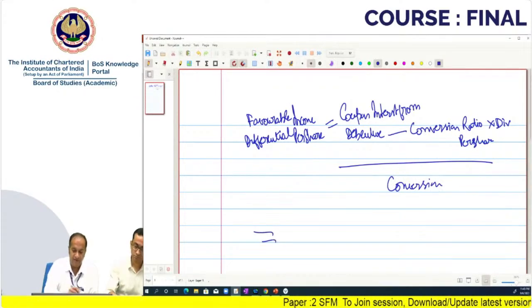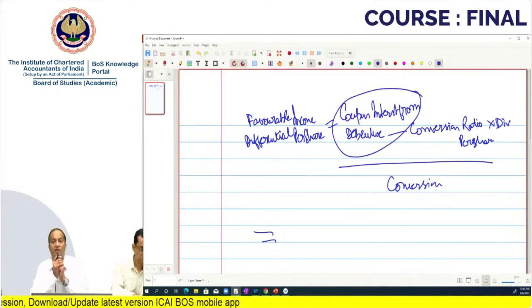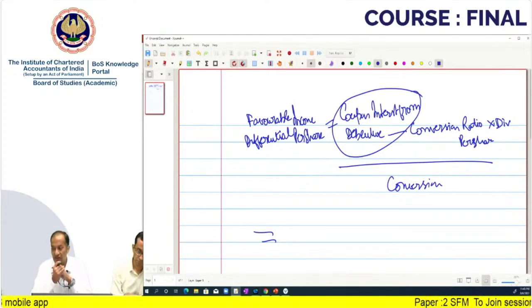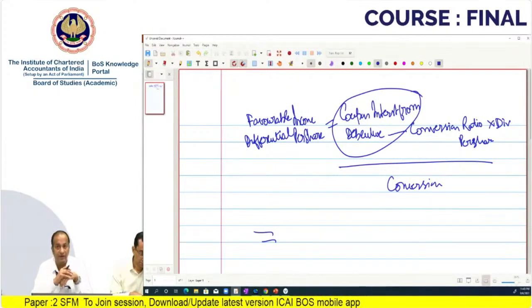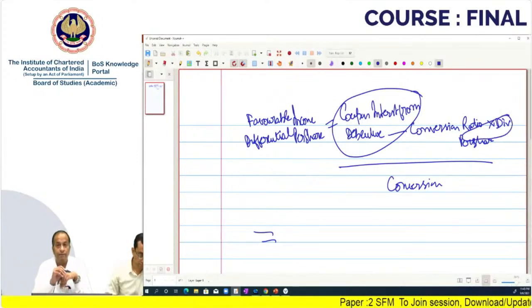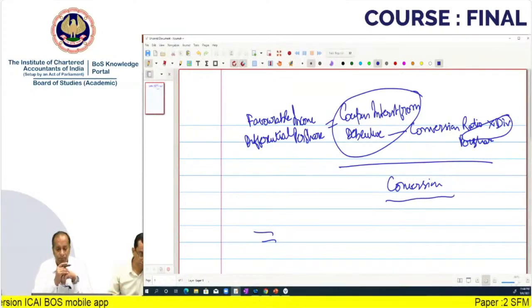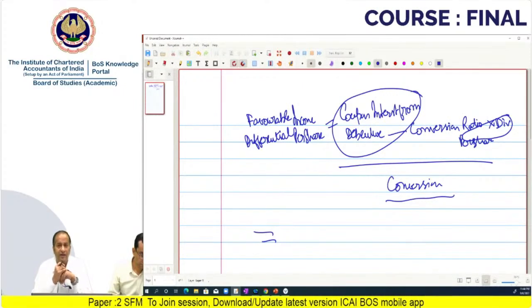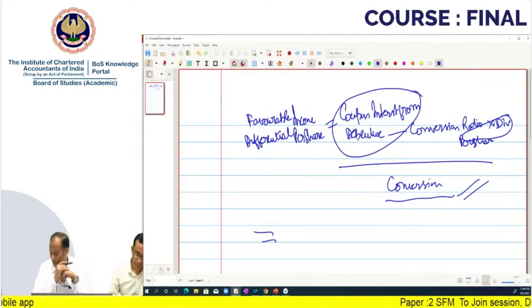Basically, what happens if we keep the coupon debenture with us? Of course, we shall get the interest periodically, and if we go for the conversion route, we get the dividend. To make them comparable, we can say how much more interest we are getting. So we use this formula.